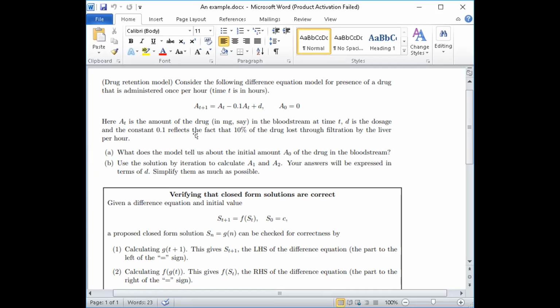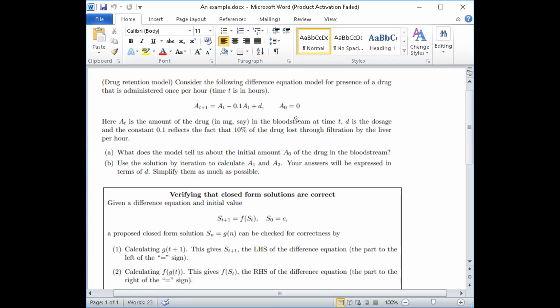All right. So every hour you will get this drug, right? Then we count the amount. We want to know the amount of this drug in the bloodstream. Initially at time t, there is no drug in your bloodstream, right? At the beginning.